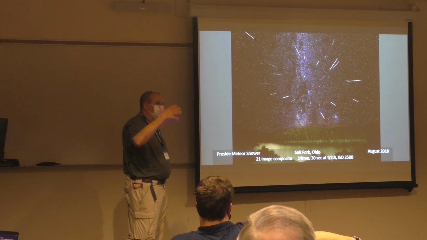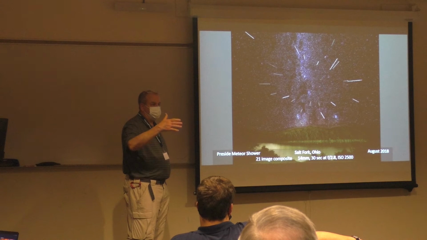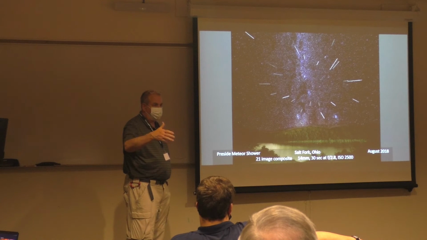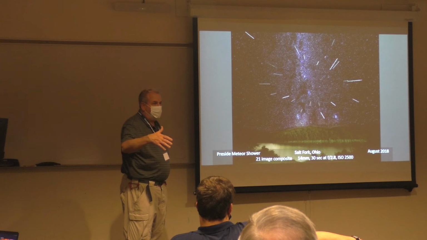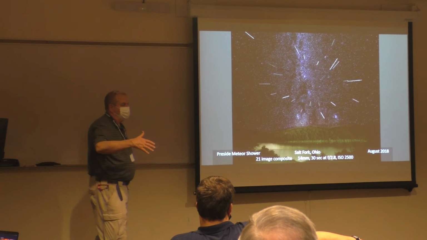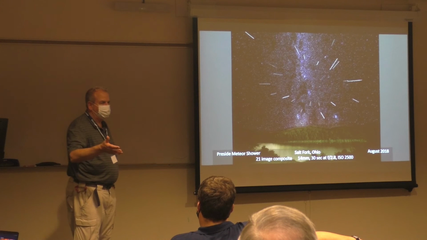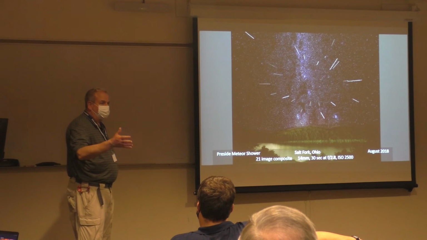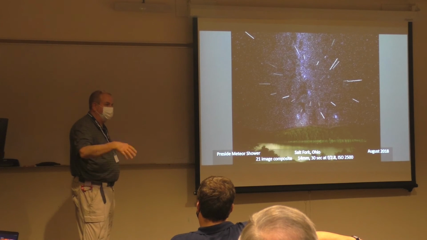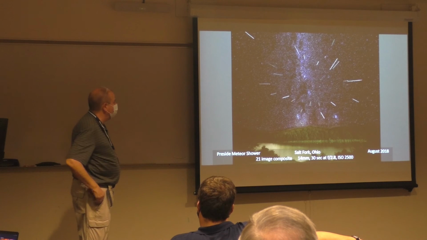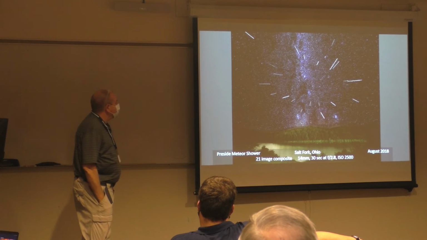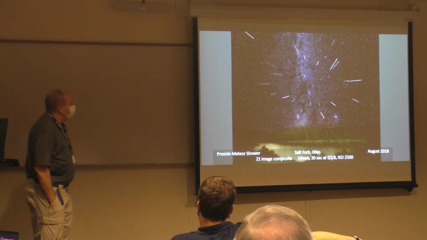What I did was I set the camera out and I put an intervalometer on it to shoot 30-second images once every 35 seconds. So I figure I had the camera open 30 out of 35 seconds. That's a pretty good ratio for just snagging the meteors coming along. Yeah. So that worked out.